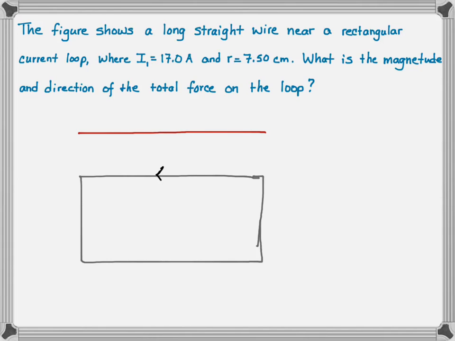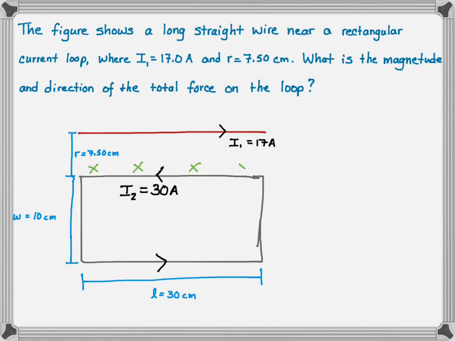Okay, so we're going to draw the figure that they gave us, where the red line represents the straight long wire. The gray represents the current loop, and the arrows are representing the direction of the current.